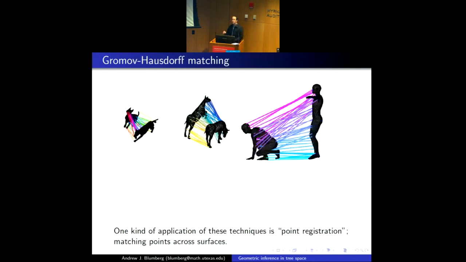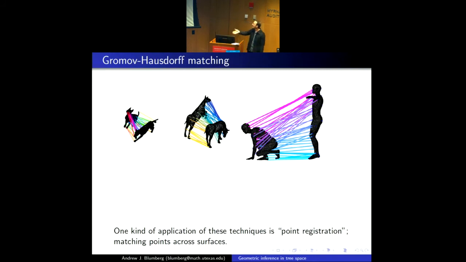So one of the kinds of things that you do with this, and where this literature came from, is the image literature, where people are dealing with what they call point registration for surfaces. So what these pictures are representing is that you take a mesh. We took meshes for people, horses, and dogs, and took randomly sampled landmark points, and then used this optimization problem to match them, to compute a distance, but also to think about the matching that produced that distance. And if you do this, you can see that this preserves local relationships.